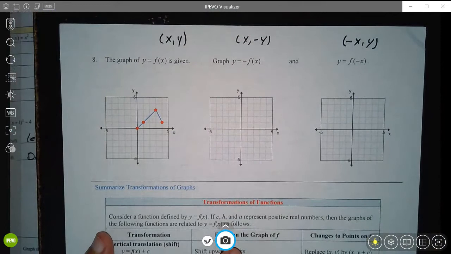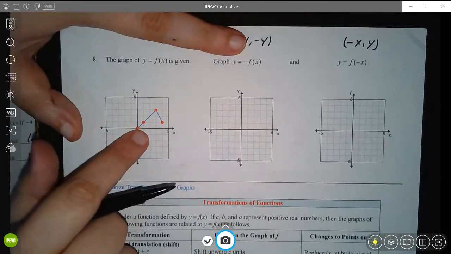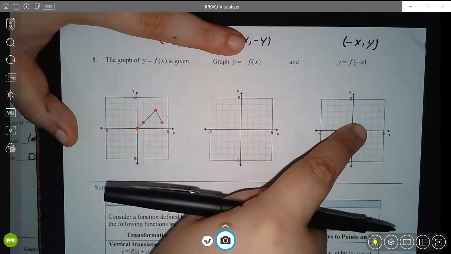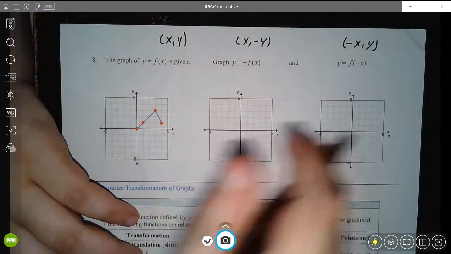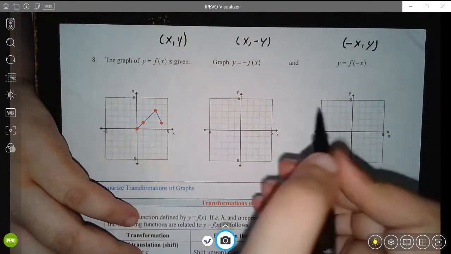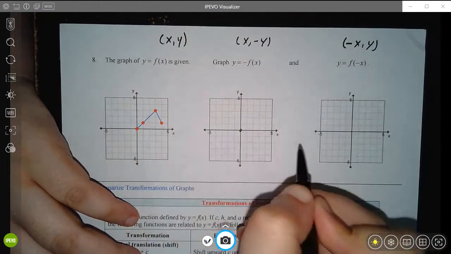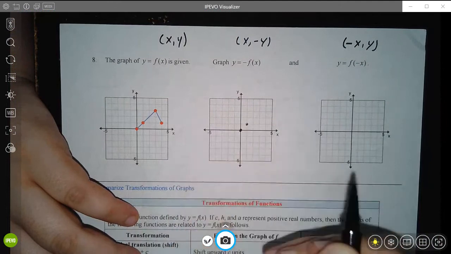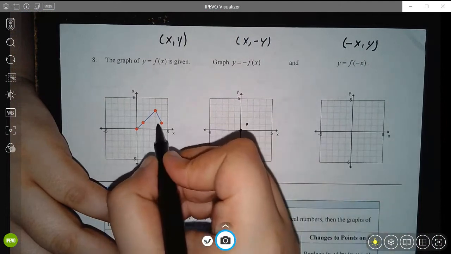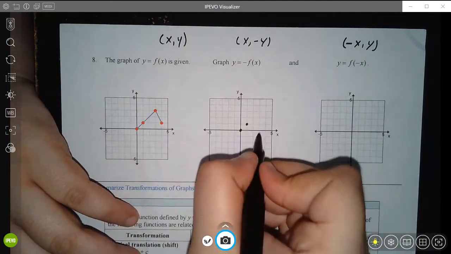Okay, so here's what I'm going to do. I'm going to redraw this one to both, and then graph each one of these in a different color, so we can compare on the same graph instead of looking back here every time. So let's see, 0, 0. We have the point 1 and 1, so it's right here. And then we have 3 and 3.